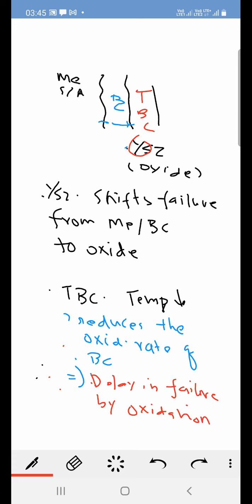And so this is the application of TBC. It adds to the durability of the component. So durability and life of the component increases, shoots up.